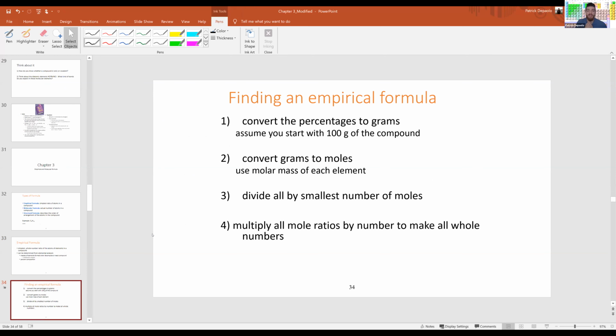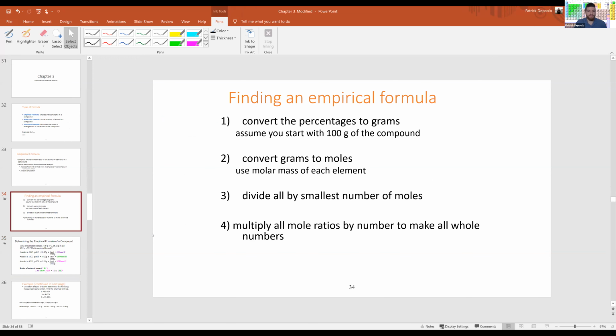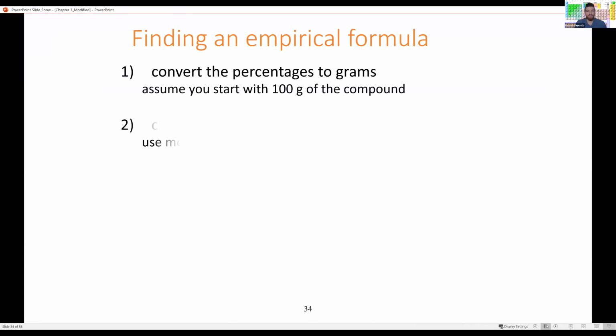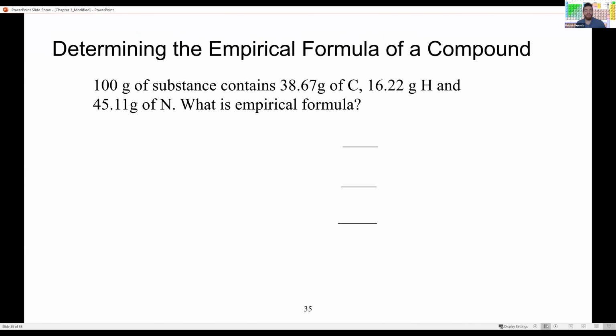Now I'm going to go through this and then we're going to do a couple of example problems. So here are the kind of questions you're going to get for empirical formula. Let's say you have 100 grams of a substance.